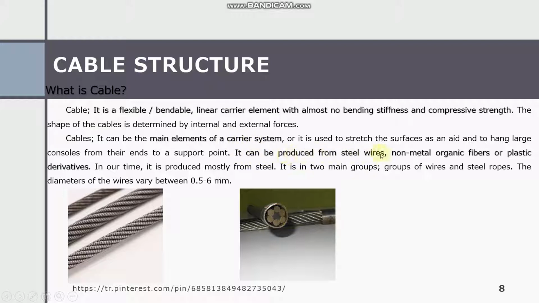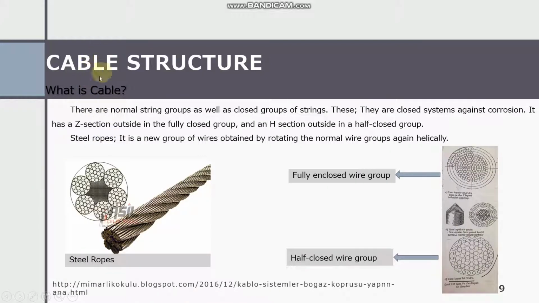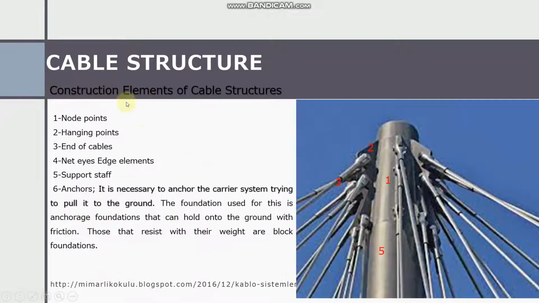It can be produced from steel wires, non-metallic organic fibers, or plastic derivatives. And here is the cable section: fully enclosed wire group, half closed wire group, and the steel ropes. The construction elements of cable structures: node points, hanging points, end of cables, net elements, support staff, anchors.